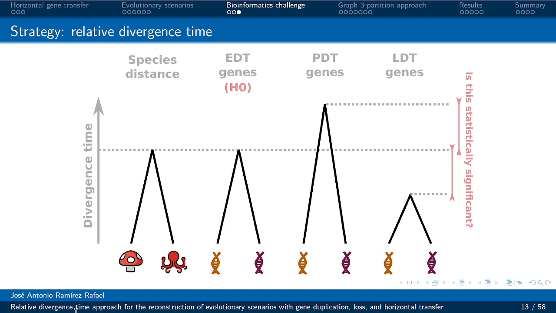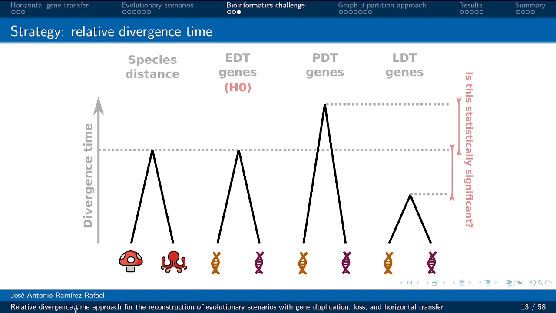Okay, so I promised you some gene-to-gene relationships, and particularly relative divergence time. This is the key concept behind our approach. Basically, we can estimate the divergence time between species, which is represented by the height of this bifurcation. And also, we can estimate the divergence time between genes.